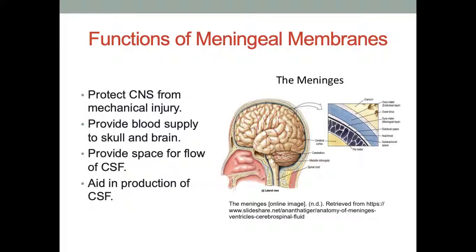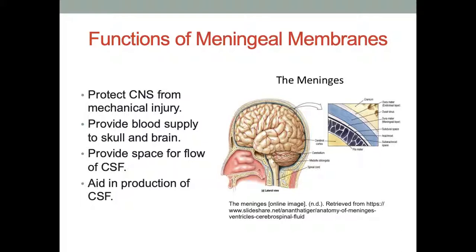Now, the functions of these meningeal membranes, the reason we're looking at these, is number one, they do protect the central nervous system from mechanical injury. So they're going to work with the cerebral spinal fluid and everything, the cranium and all that. They are another layer of protection there. They also help with the blood supply to the brain and the skull. So this blood-brain barrier is going to function in conjunction with the cerebral spinal fluid and the meningeal membranes.